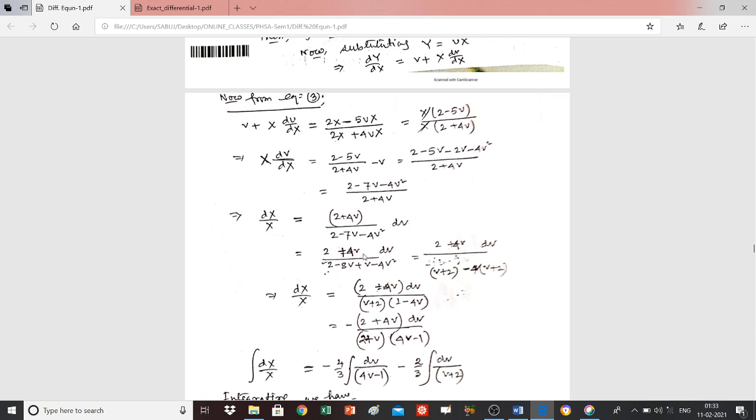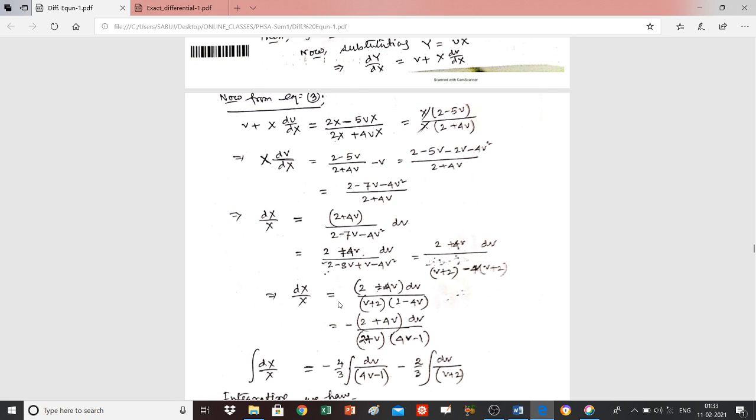This expression can be written as (2 plus 4v) by (2 minus 8v plus v minus 4v square). Just write it in this fashion, with this 8v and 4v square here.